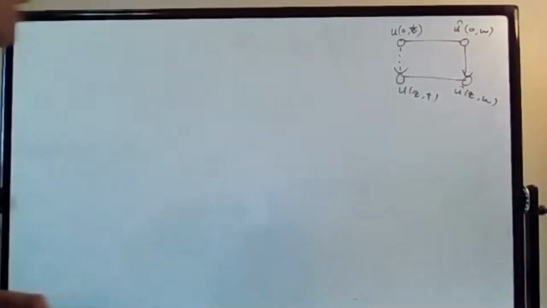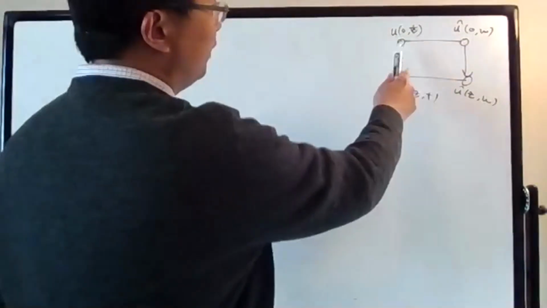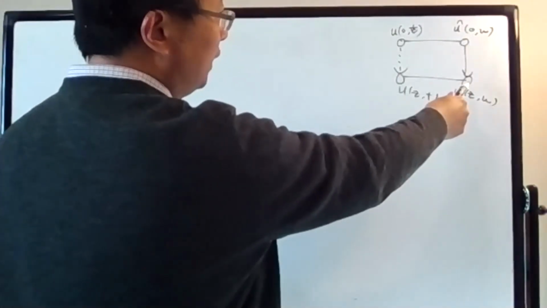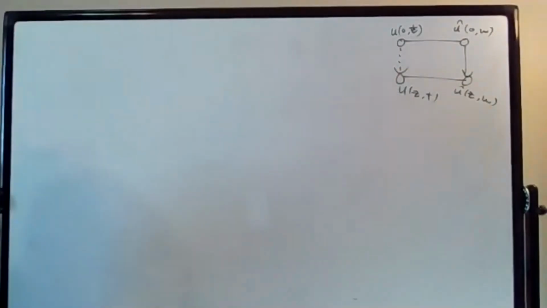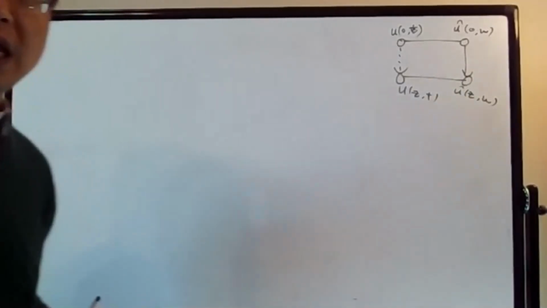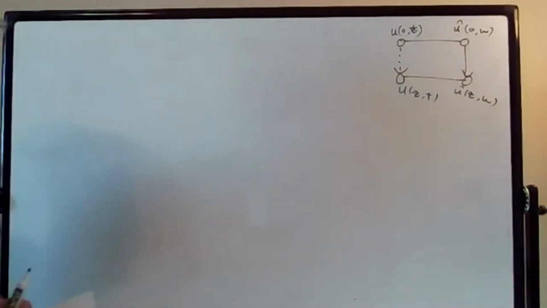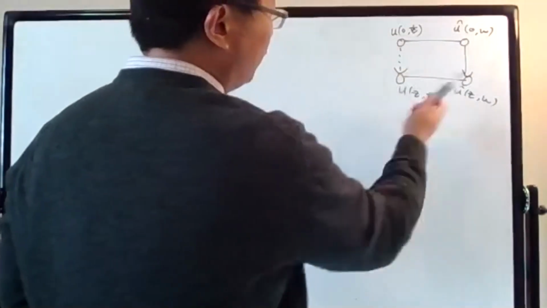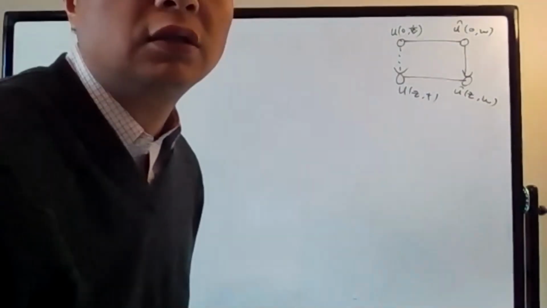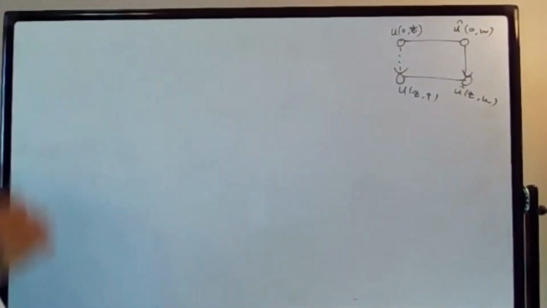So we first take the Fourier transform. Then we propagate, multiplying by exponential i k naught double prime z, and then we take the Fourier transform back. So that's the main mechanism.